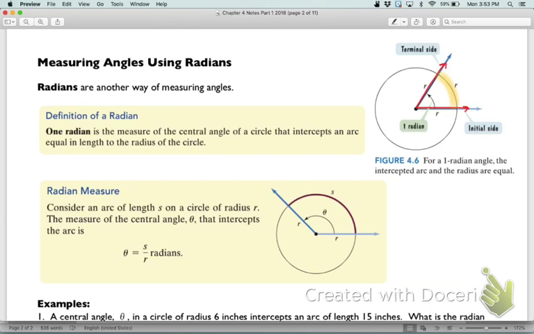So what we are saying, the measure of 1 radian is where the length of the radius has the same length as this intercepted arc. So if you were to imagine this curved arc kind of stretched out straight, it would have the same length as the radius. Okay?